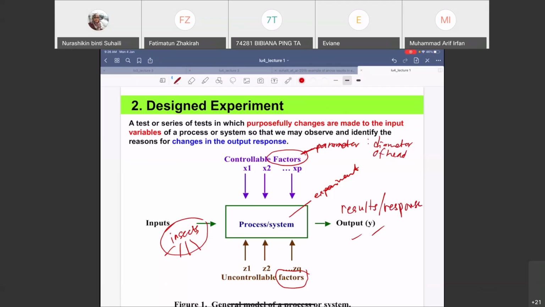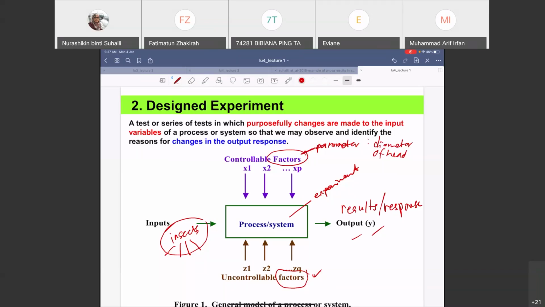Wait, let me see here. Factor. Uncontrollable factors are the things that perhaps exist together in the process, but are out of your control.